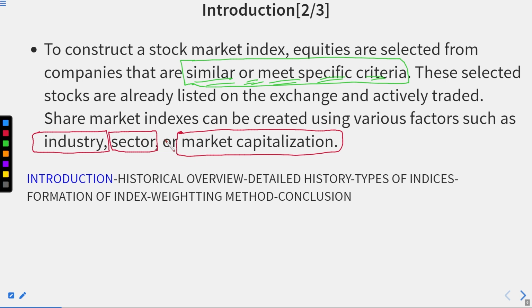On the basis of these three factors, industry, sector, and market capitalization, the things could be done. Here we have seen the word market capitalization. What is the meaning of market capitalization? And what is the meaning of industry overall, and sector also?